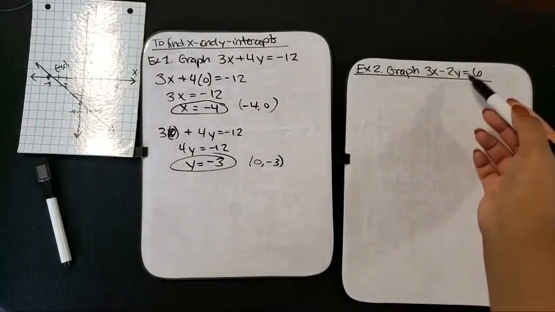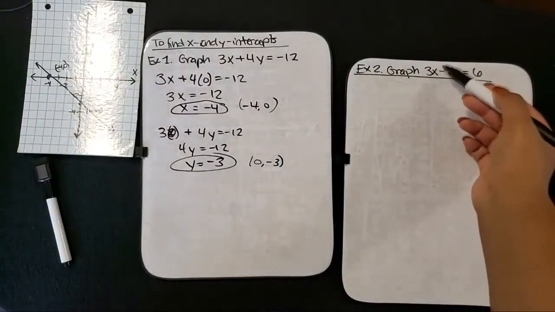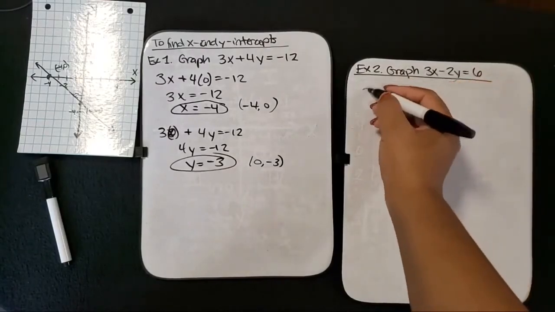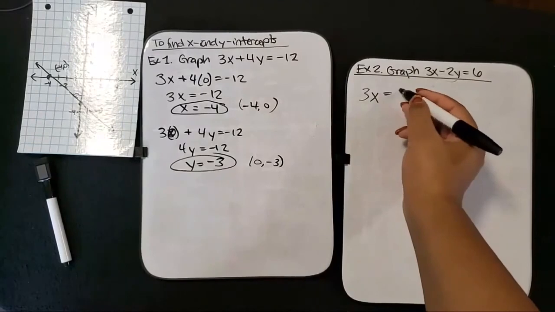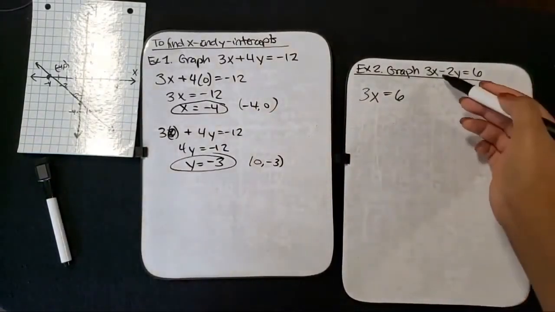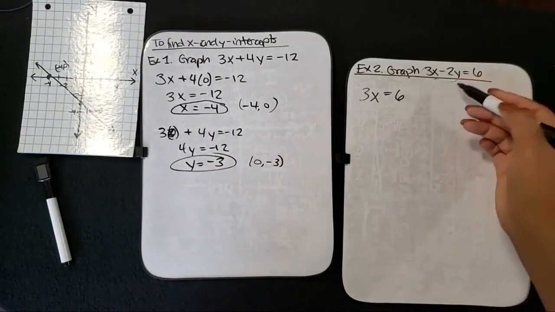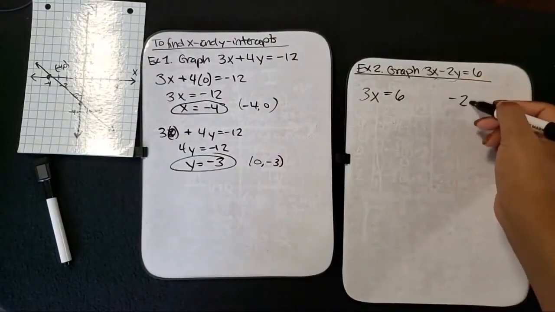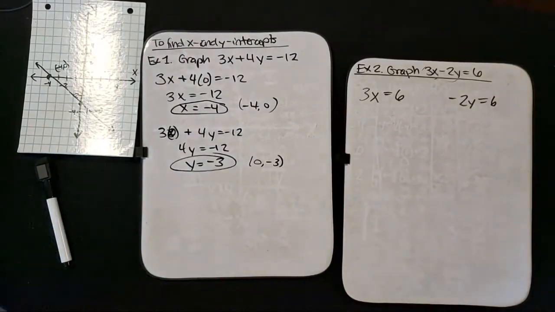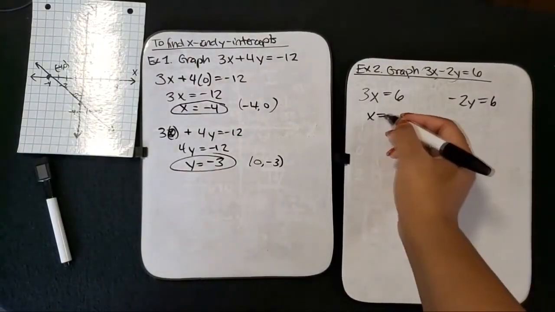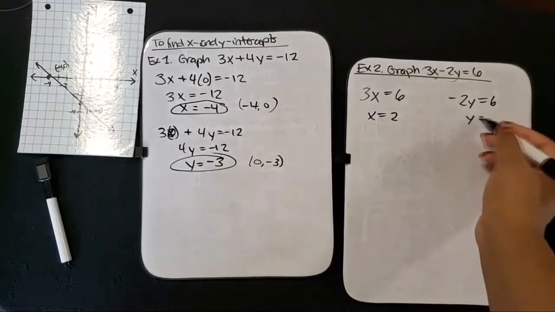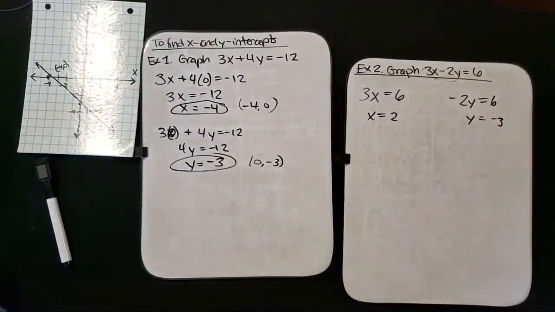So if we plug in a 0 for y, we know that all of this is going to go away, and we're just looking at 3x equals 6. If we plug in a 0 for x, we know that all of this is going away, and we're just looking at -2y equals 6. So x equals 2 and y equals -3.